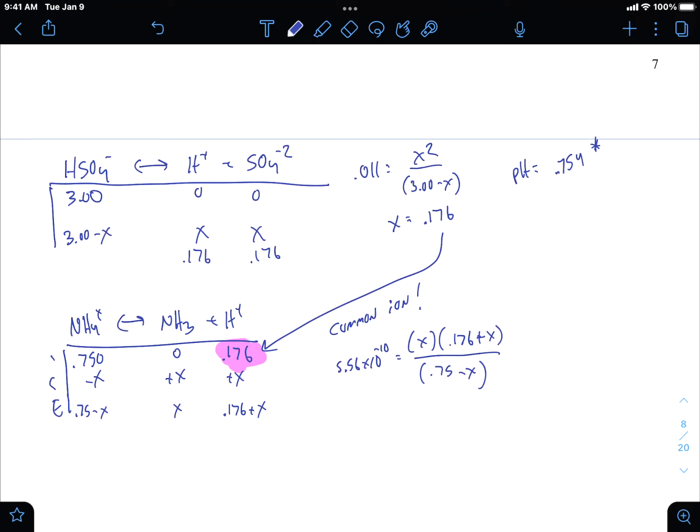Okay, so let's pop that in there. Okay, so we get the value of X, 2.37 times 10 to the minus 9th.